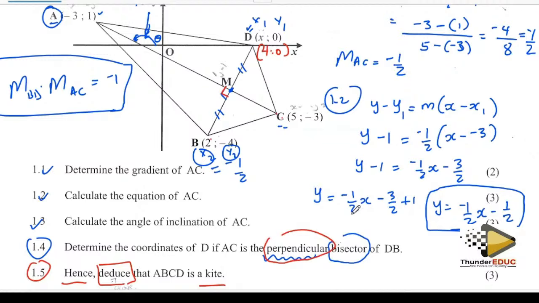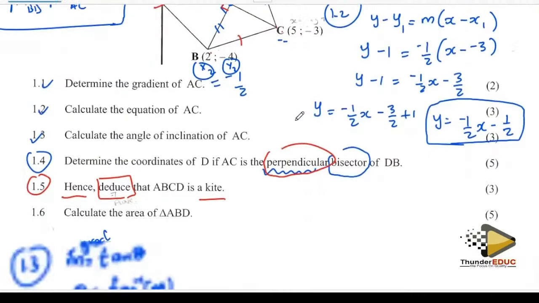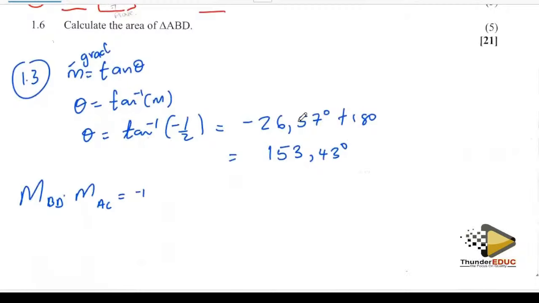The other property that we know about kites is that the adjacent sides will always be equal to each other. So let's say AB is the same as AD, and then BC is the same as CD. I feel like I'm going to use that approach to deduce that ABCD is a kite.